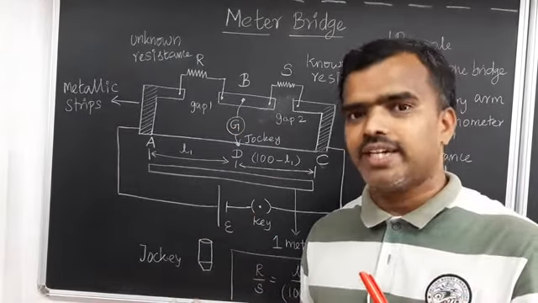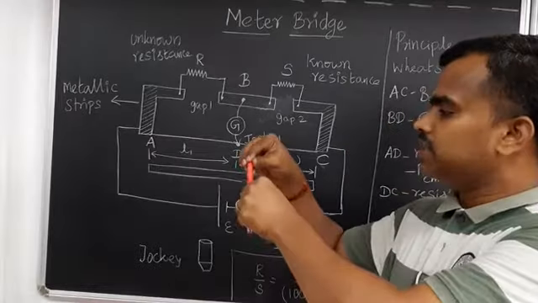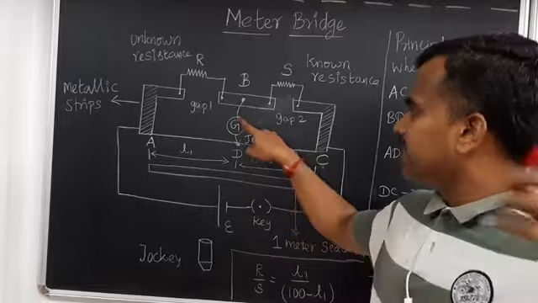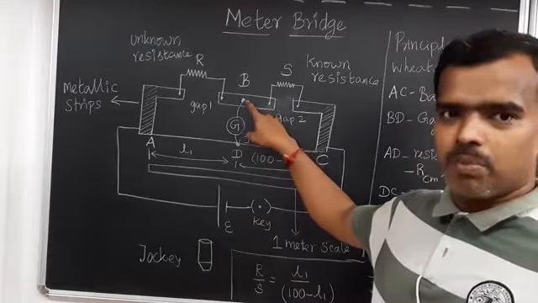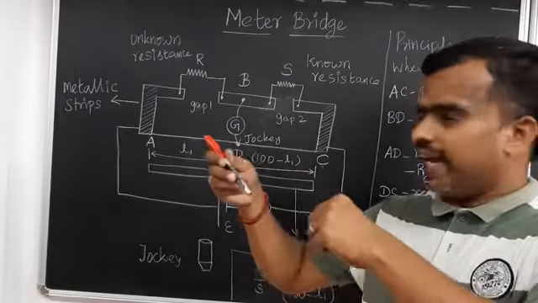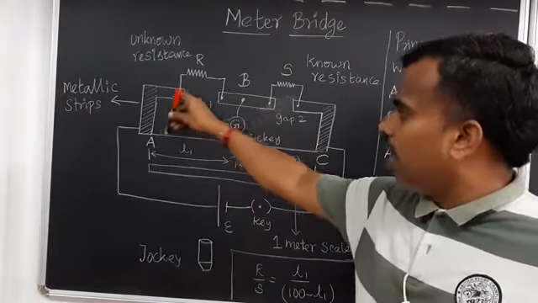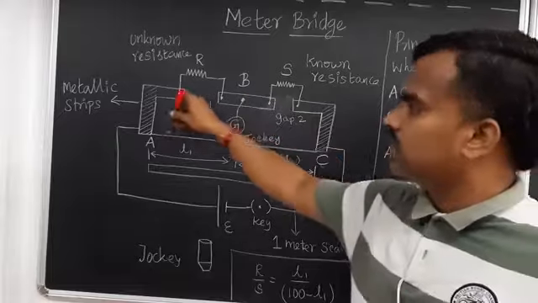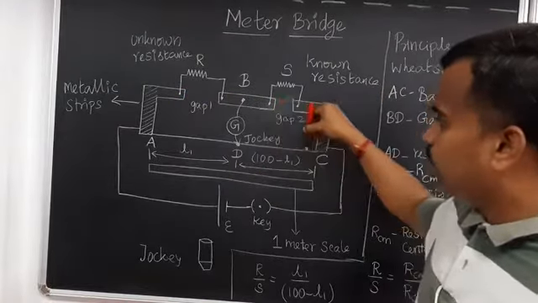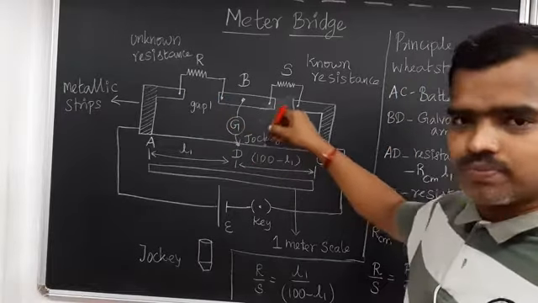To detect the current. From the jockey we connect to the galvanometer, and the other side of the galvanometer is connected to point B. The jockey tip moves along the whole 100 centimeter and touches the wire.